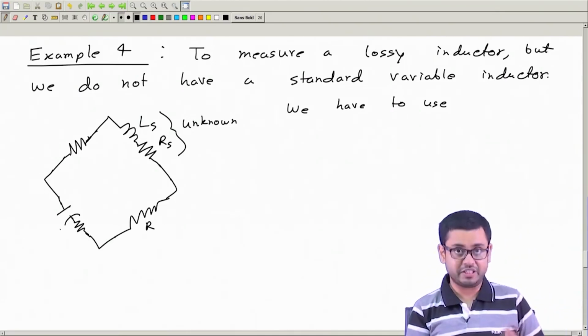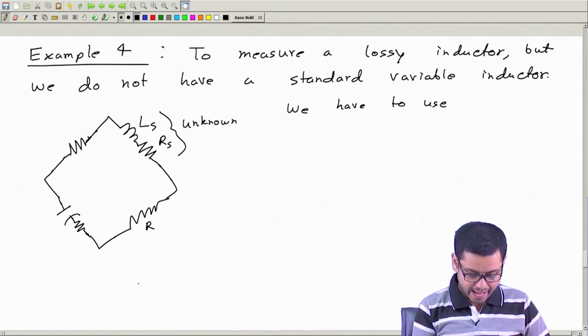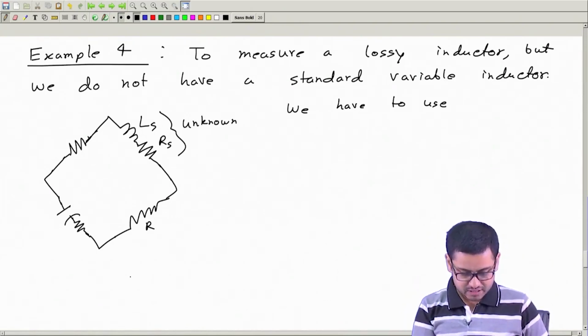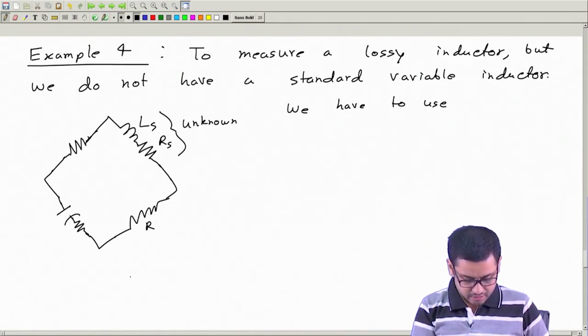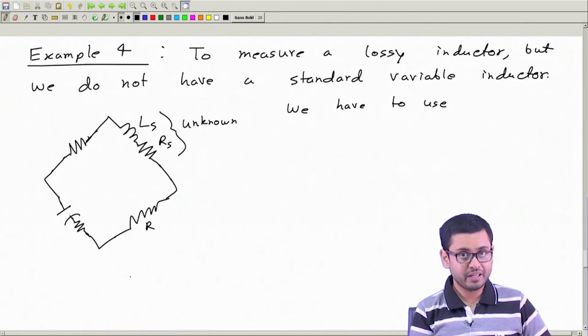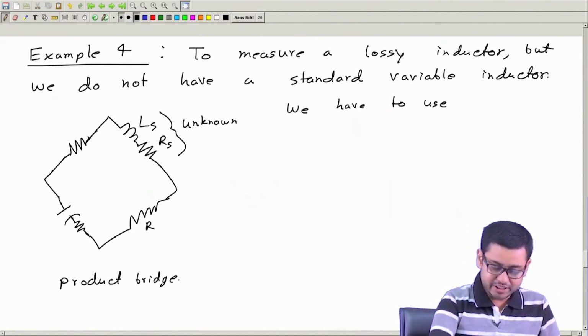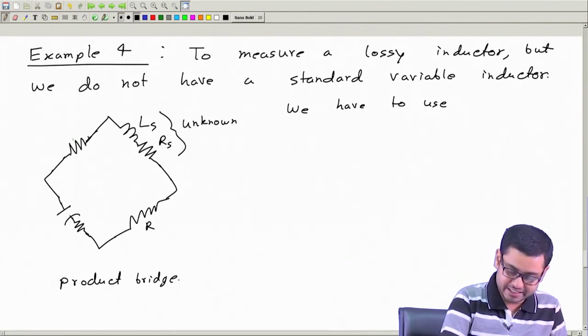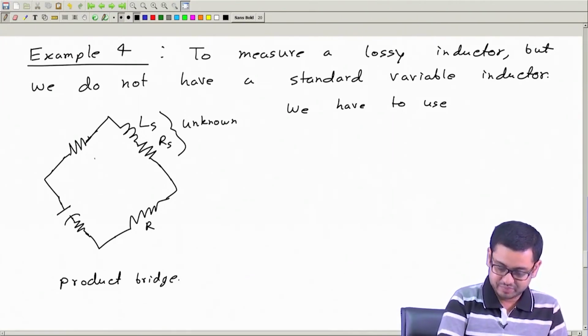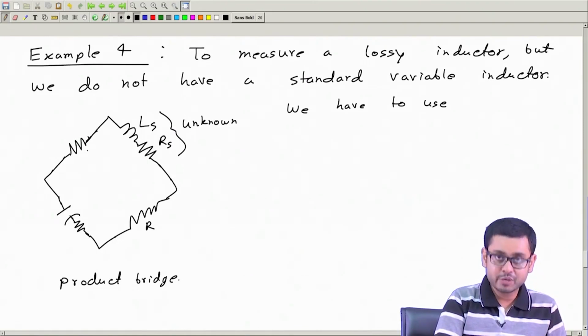So, this is the easy bridge, and this is also, you observe, going to be a product bridge, because you see the sum of 2 opposite arms here are chosen to be pure.